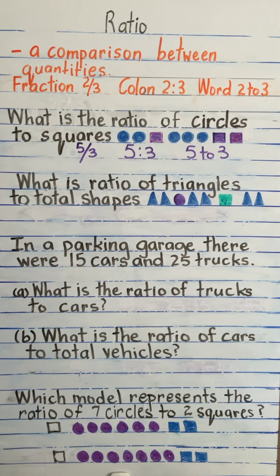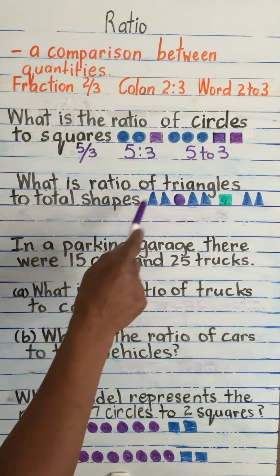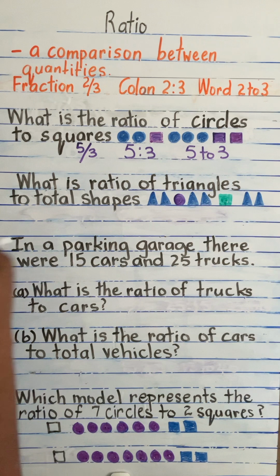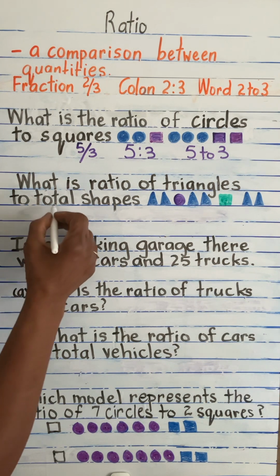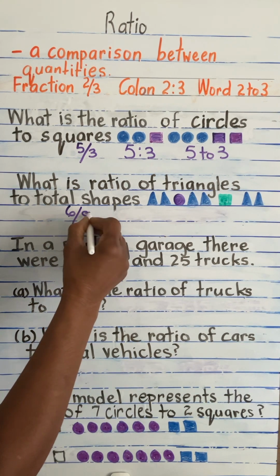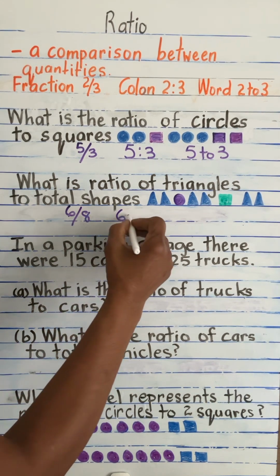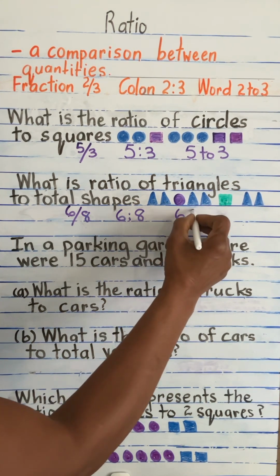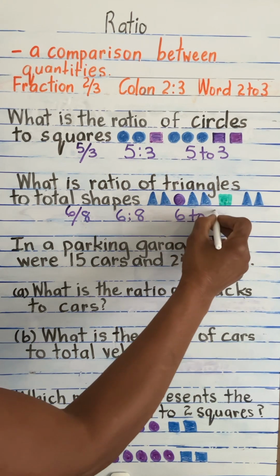We keep that in mind, and then we count the total shapes: 1, 2, 3, 4, 5, 6, 7, 8. So the ratio of triangles to total shapes is 6 to 8. 6 is to 8.